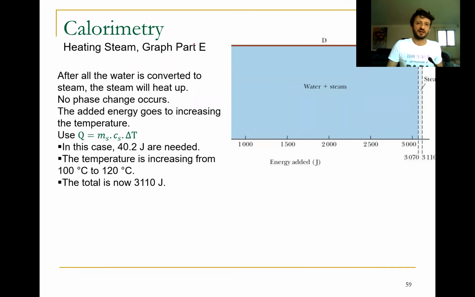Okay, the total will be 3110 joule. It's a positive value because we add this quantity to the system. If we add the quantity to the system, it must be Q hot, Q positive.